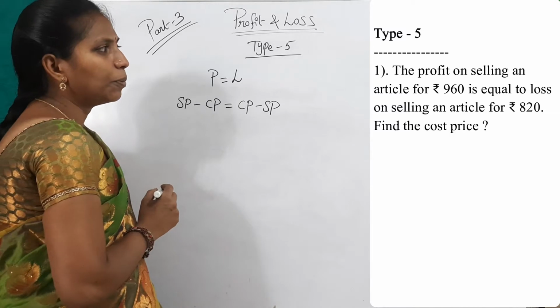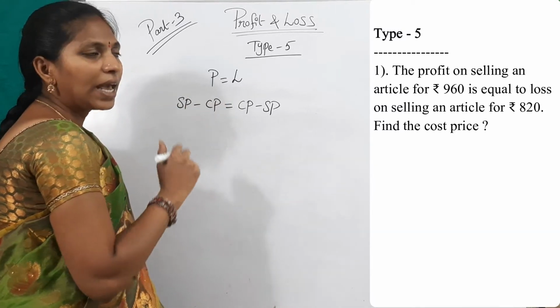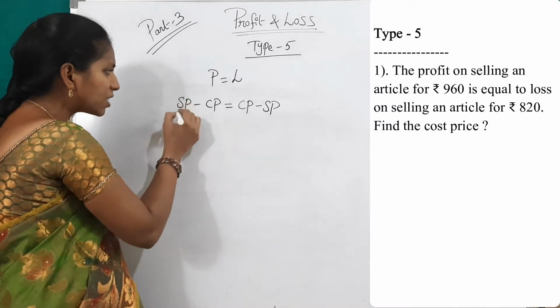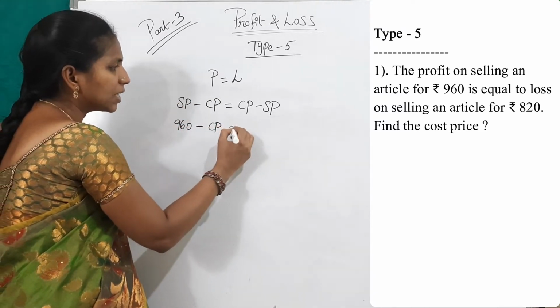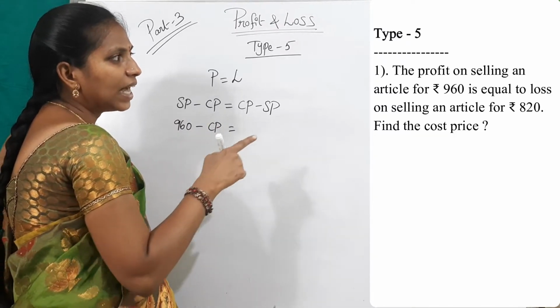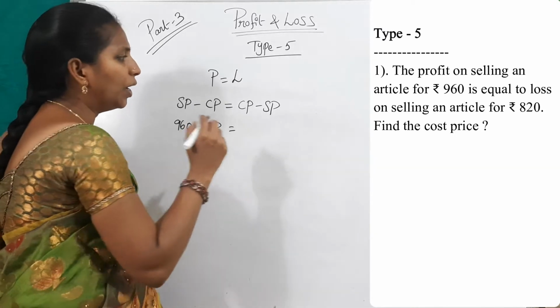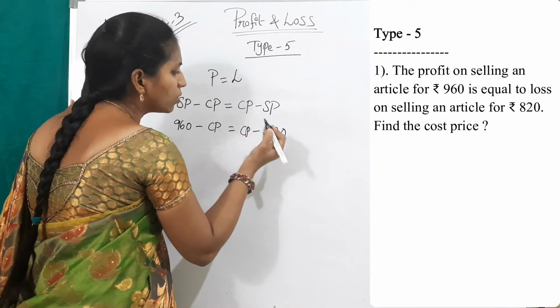And see given information, the profit on selling an article for 960 rupees. So here SP value is 960. 960 minus CP equal to loss on selling an article for 820. Here SP is 820 rupees, CP minus 820.